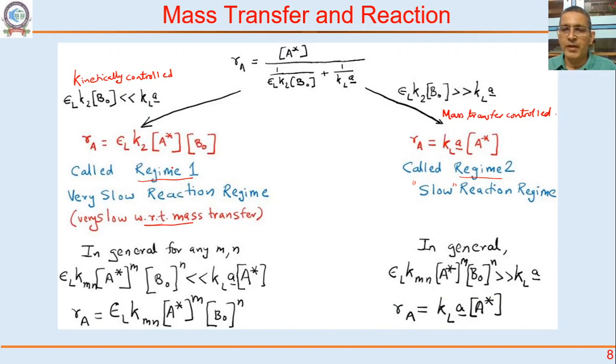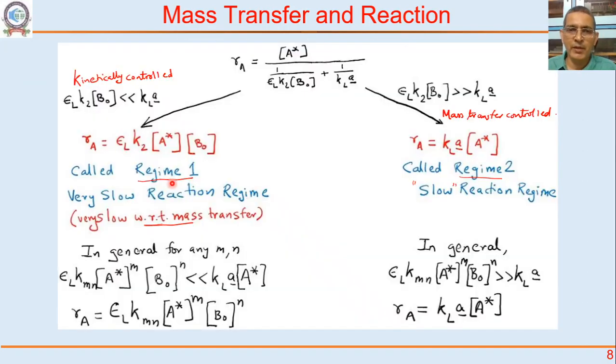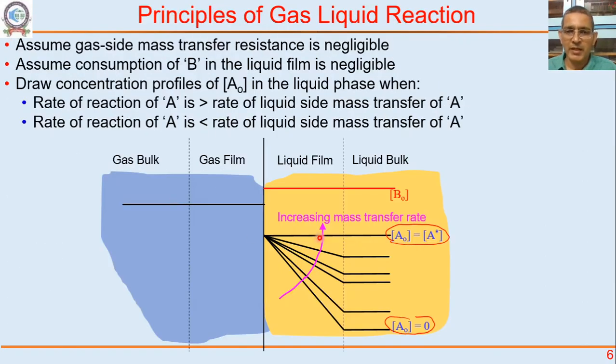Imagine now, what if the mass transfer is happening, but what if I increase the rate of reaction further and further, higher than that in regime 2? Equivalently, what I'm saying here is, now here the rate at which food comes and rate of consumption of food by you, they are in series.